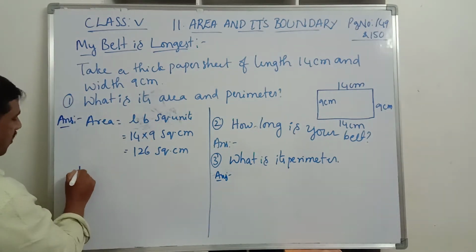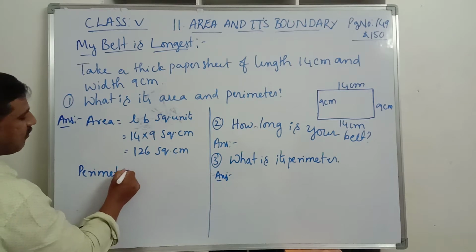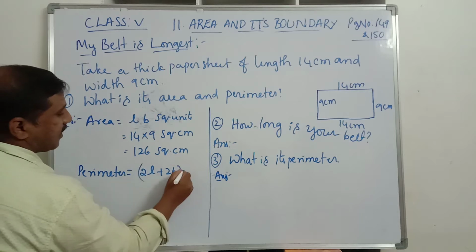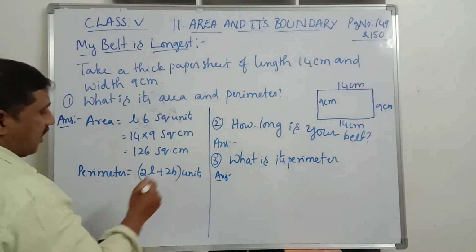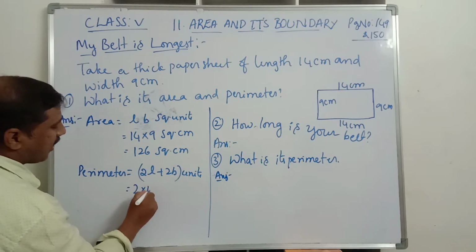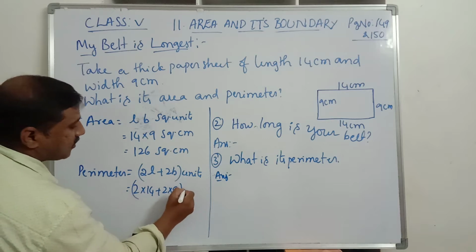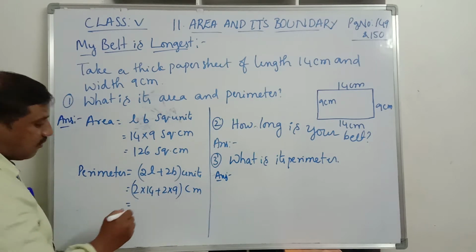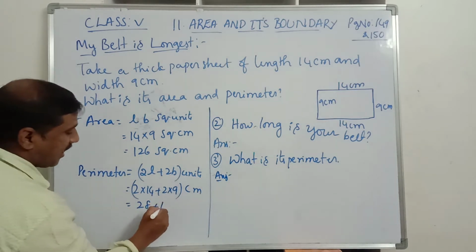Next, the perimeter of this strip I have to find. What is the formula? It is 2L plus 2B units, 2 times length plus 2 times width. That is 2 into 14 plus 2 into 9 centimeters. 14 twos are 28, plus 2 nines are 18.